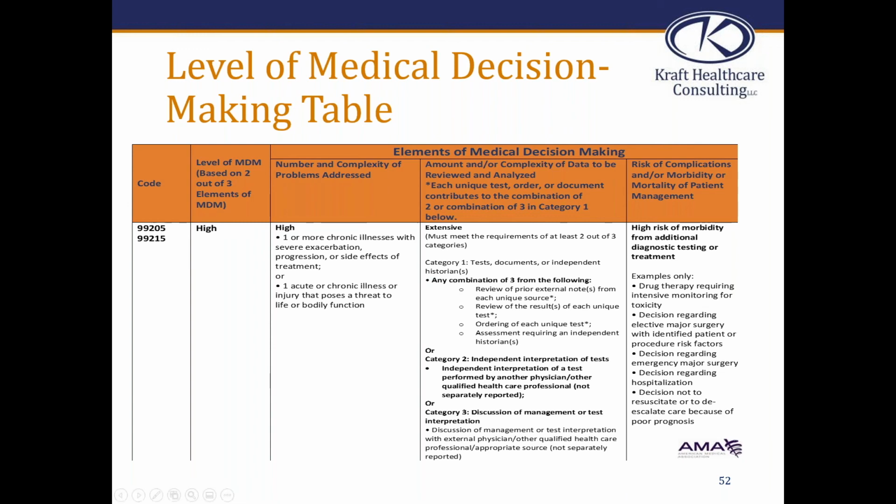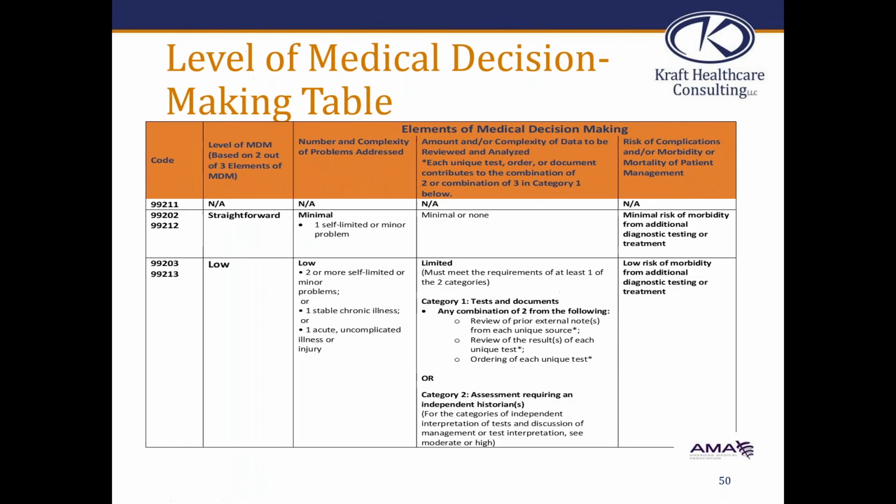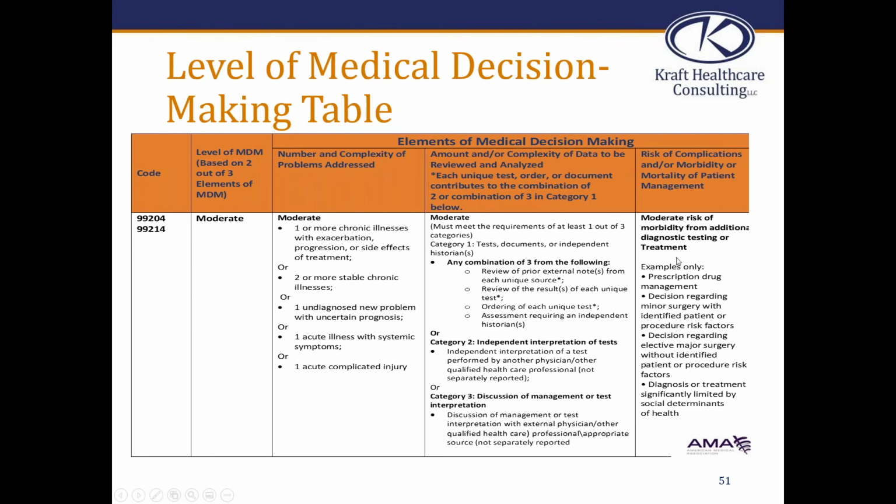So let's say if we go back, let's say we've got straightforward or minimal. We'll say we've got minimal number of problems addressed, but maybe we've got a limited amount and complexity of data that are reviewed and analyzed, but then we've got moderate risk of complications.